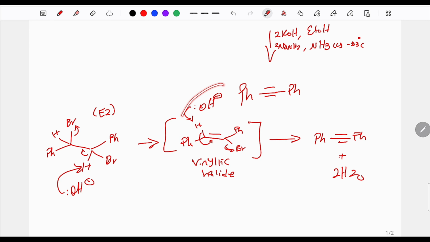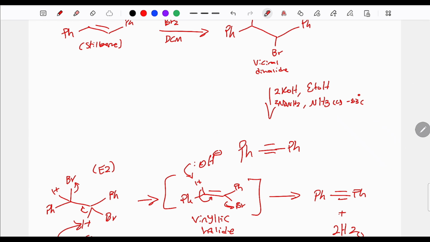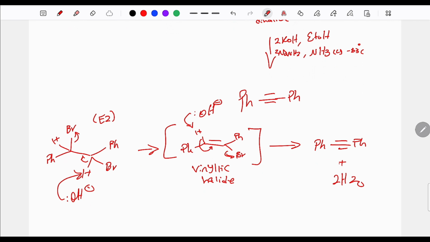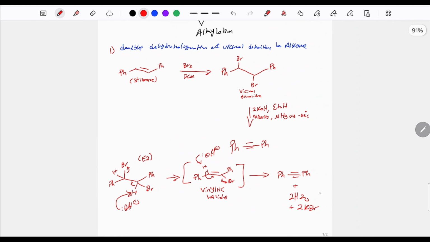As you can see, one forms in this step and one forms in this step. And the two Br minuses that leave will associate with the two potassiums from our KOHs and make 2 KBr. So this is all of my products, and of course, side products.